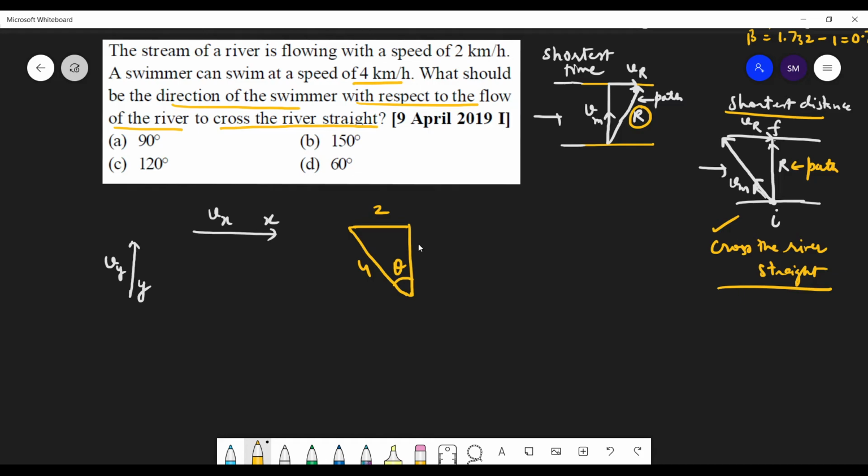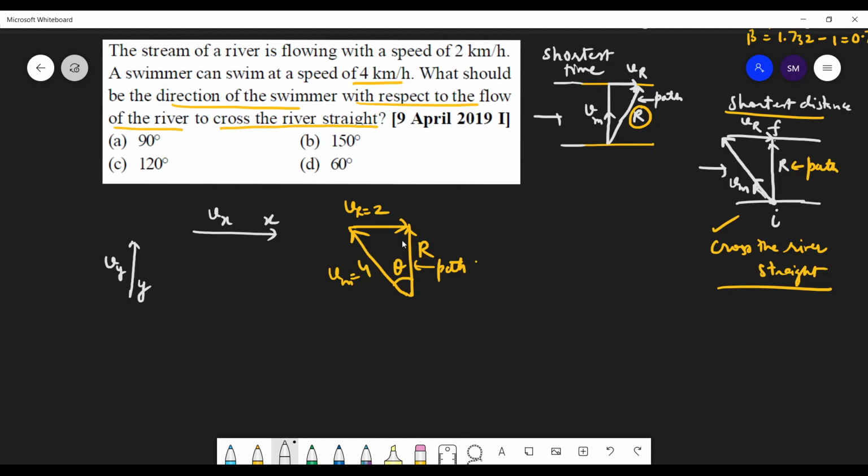So that's your resultant, right? He will be swimming in this direction, then only he will be crossing the river straight. This will be the path, the resultant velocity, and this is the velocity of the river. That's the velocity of the man. So simple, students. You have to find the theta.